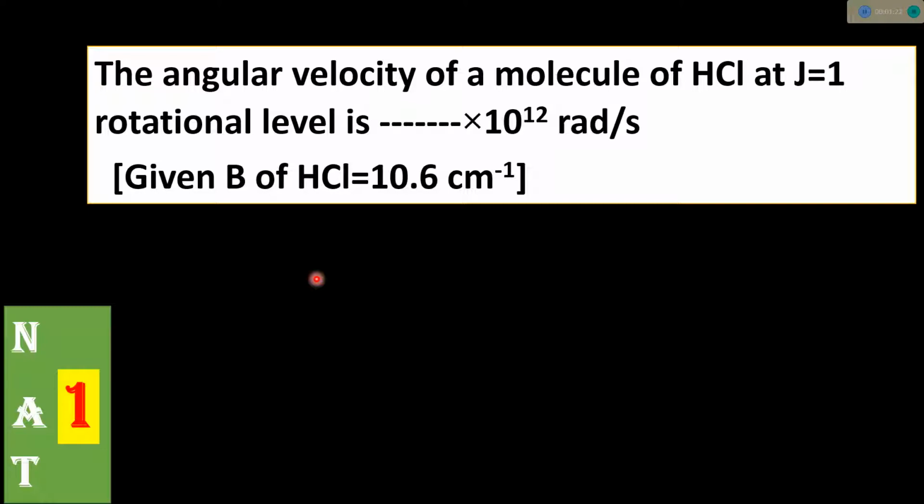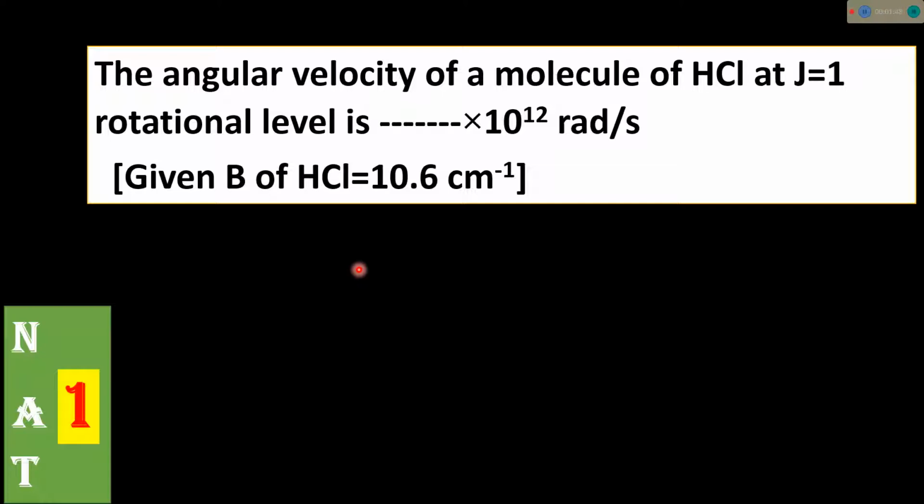That's why it is called numerical analysis type questions. So the final value should be a numeric, either double digit or single digit. We have to put the value in a blank space.